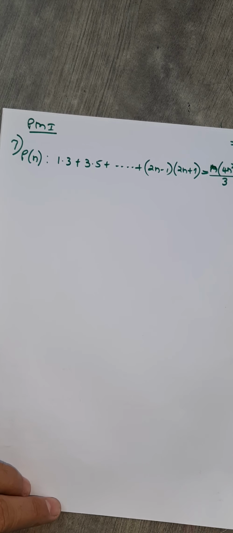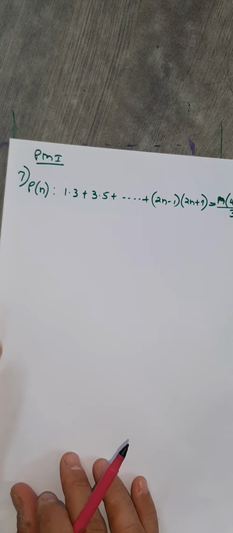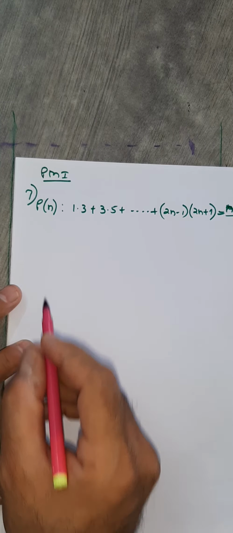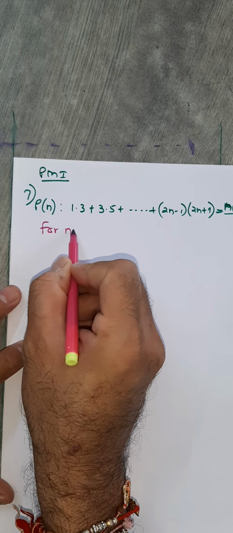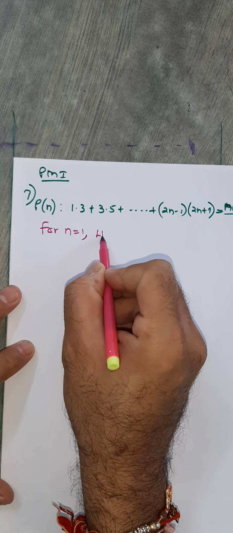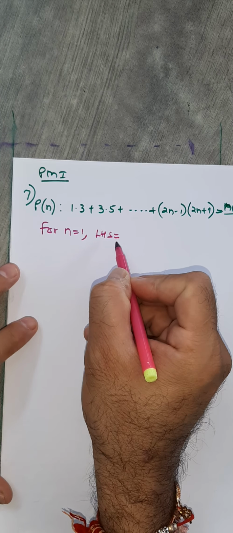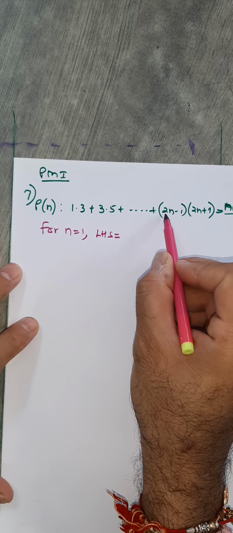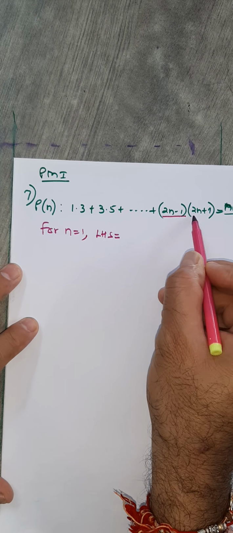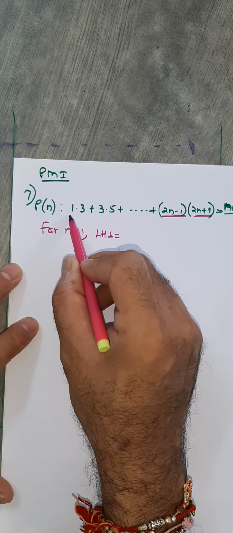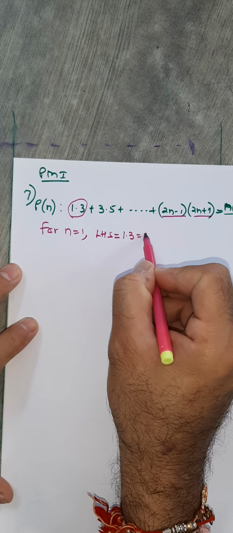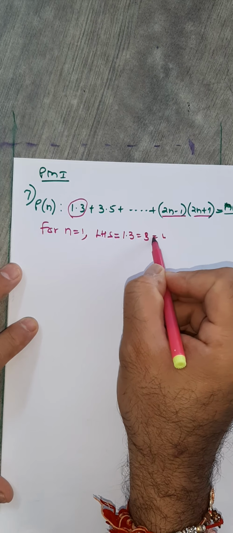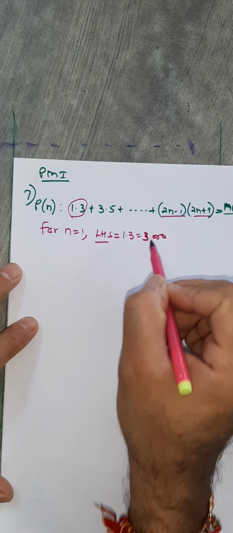What we do first is prove for n equal to 1. So for n equals 1, what is the LHS? Put 1 here, so this will be 1, put 1 here, so this is 3. So 1 into 3, the first term alone, which is 3. That is LHS 3.